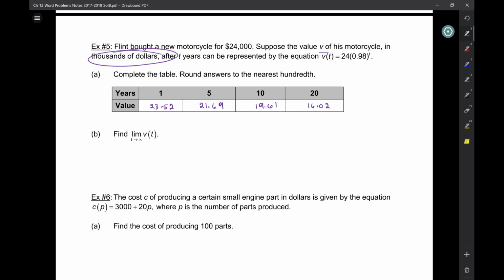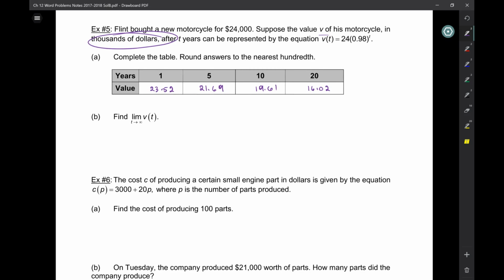Okay, so let's find the limit as t approaches infinity of V of t.